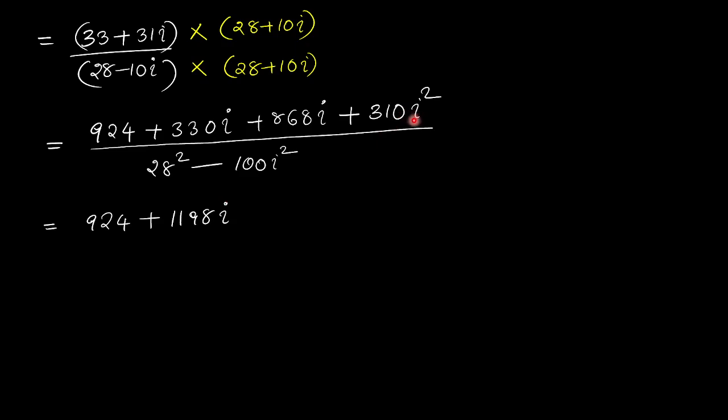The last term is 310 into minus 1, which will be minus 310. 28 square, what is the value? 784.